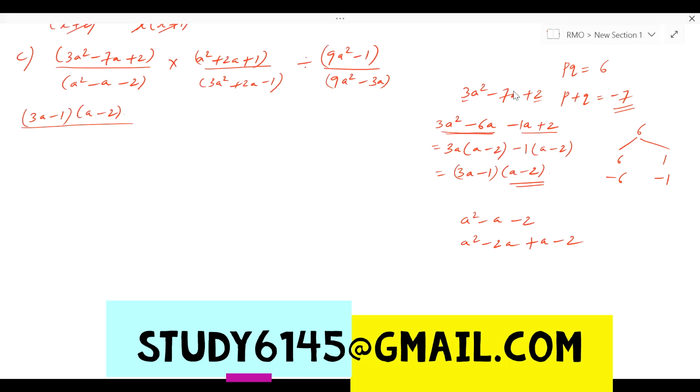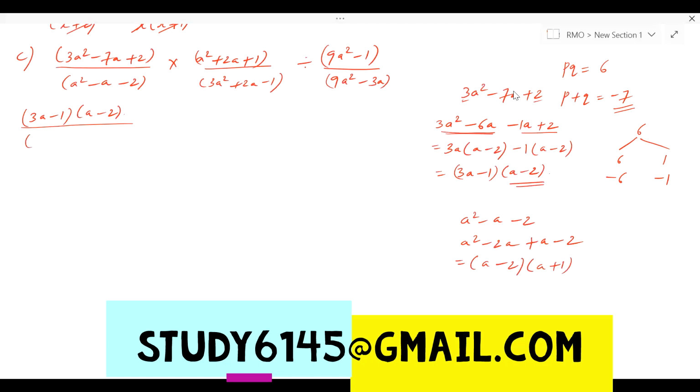For the next one, it's a squared plus 2a plus 1. So what would be the simplest form for this one? It would be a square minus a. Oh, a minus 2. And then a plus 1. Good.